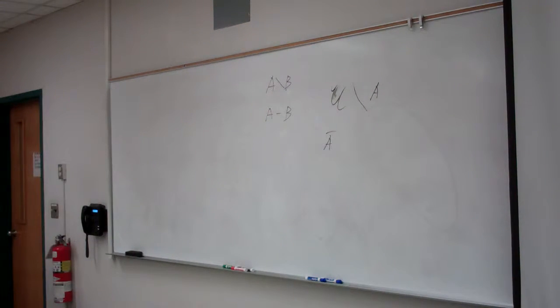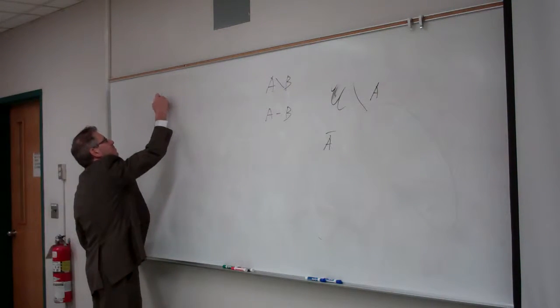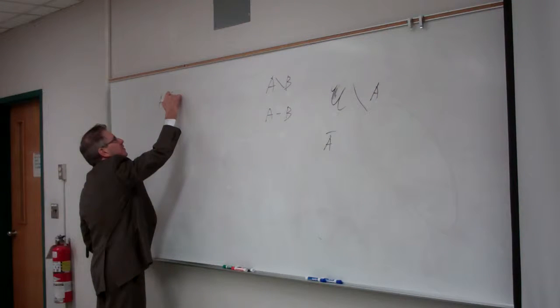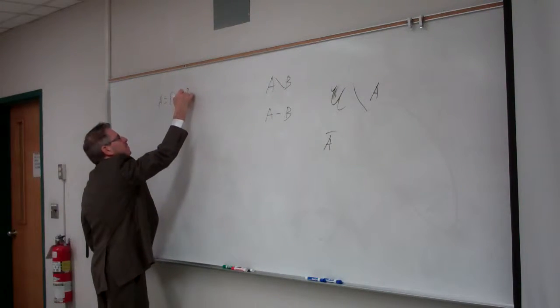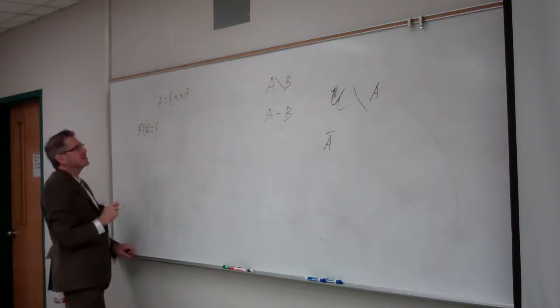Let's see, subsets, equality of sets, yes? Could we go over the power set again? Yes, power set is the collection of all subsets. So if A equals X, Y, and 1, then the power set is a set containing sets.